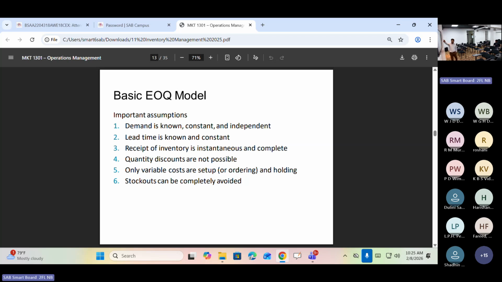Basic EOQ model also assumes no quantity discounts are given. No matter the order size, you get the same price for each item. No quantity discounts for higher volumes. That is another assumption of basic EOQ.